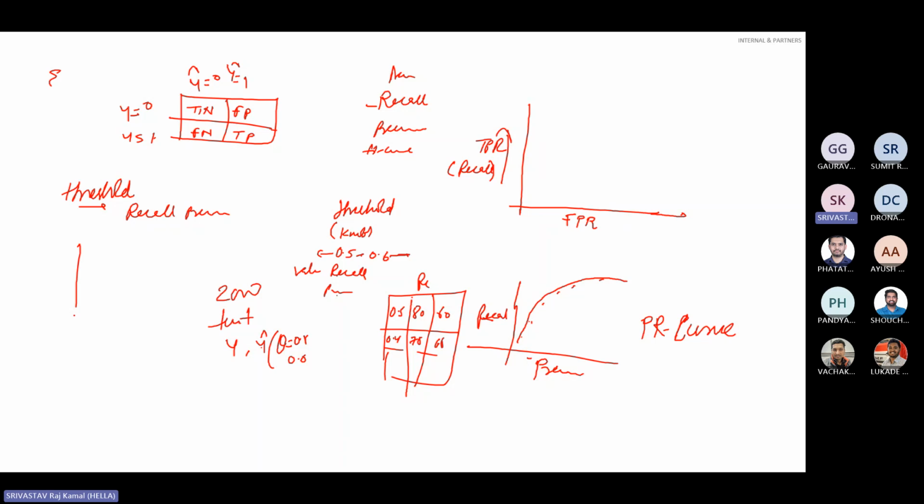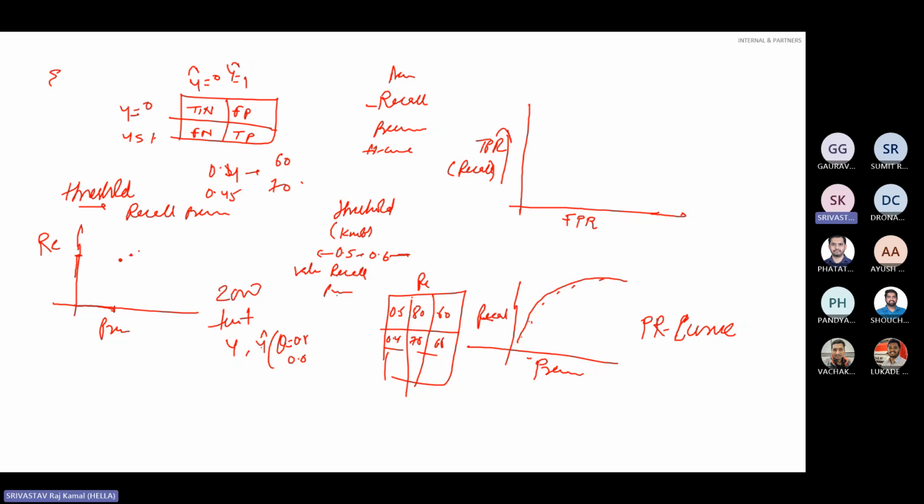Okay. So for example, this is recall, this is precision. Suppose I took threshold 0.4, right? So it gives me recall as 60 and precision as 70, some random numbers. So you will mark this point, precision 70, recall 60, right? Then you change the threshold to 0.45, and maybe it gives you some number here.